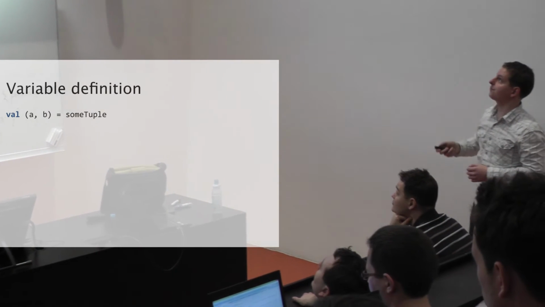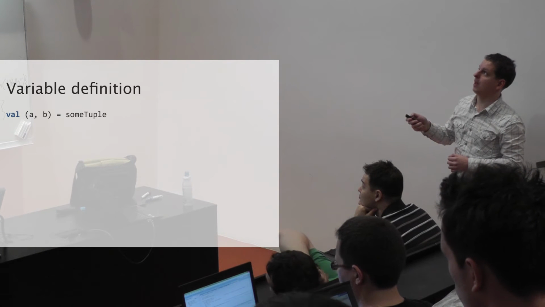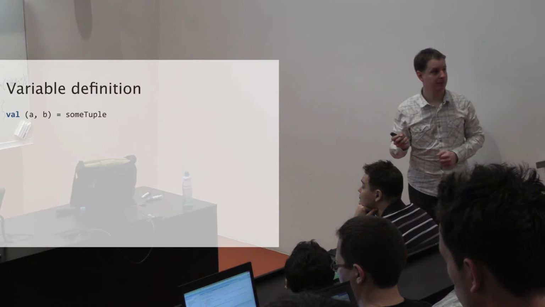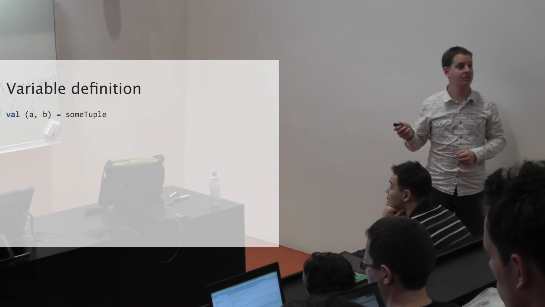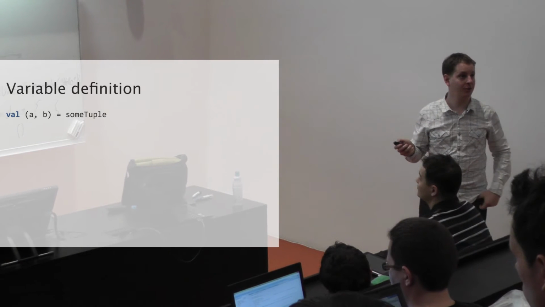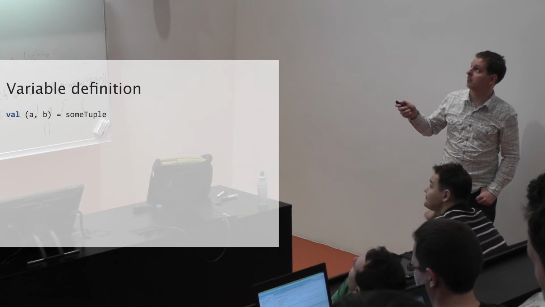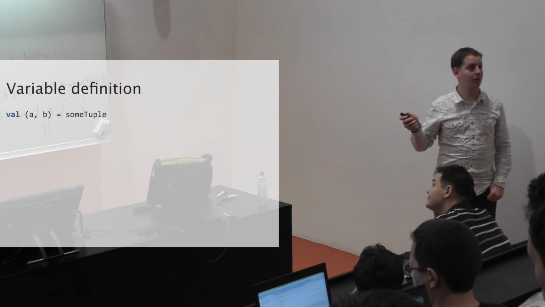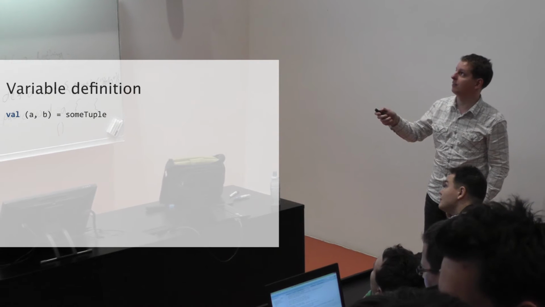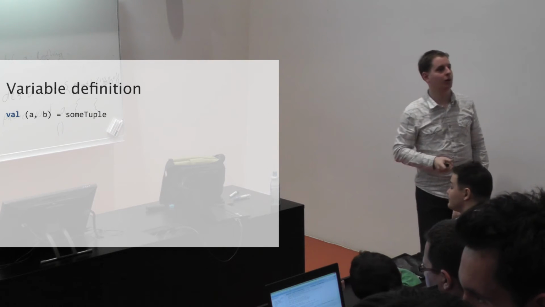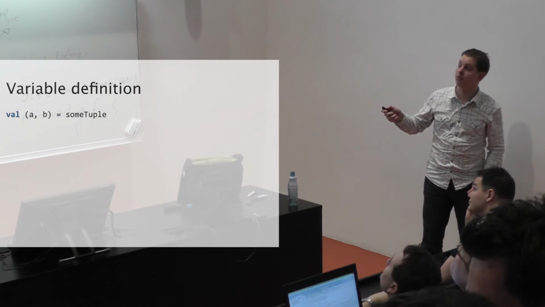So let's see the first one. Let's assume that this is a tuple, and this is a tuple pattern combined with variable patterns. So this will extract the tuple component fields into a variable A, the first one, and B, the second one. The types are not here.